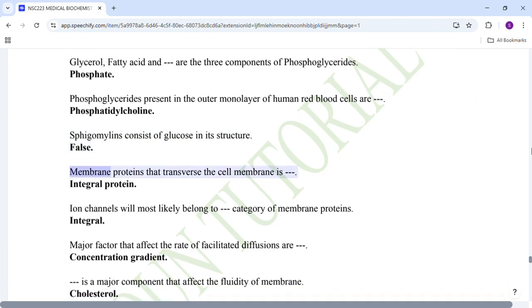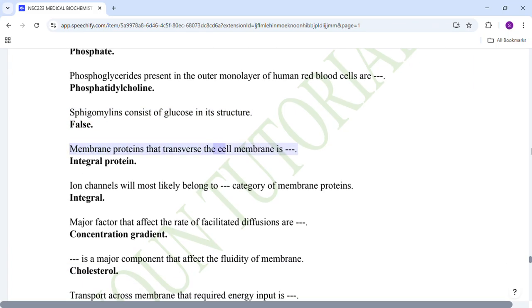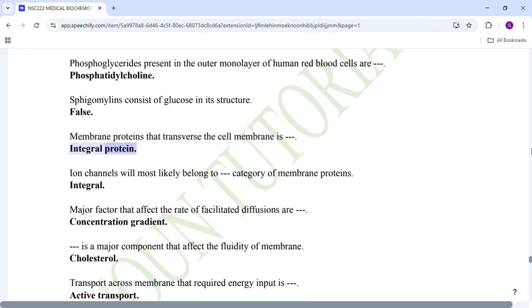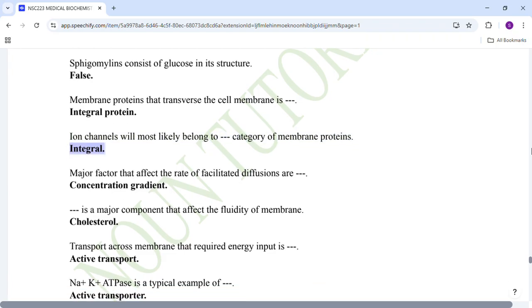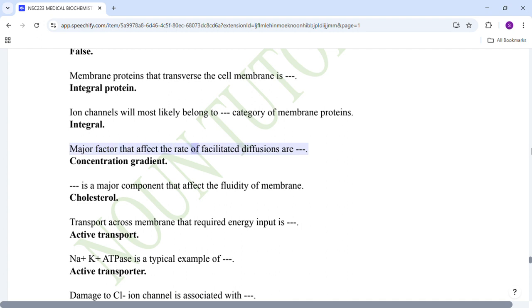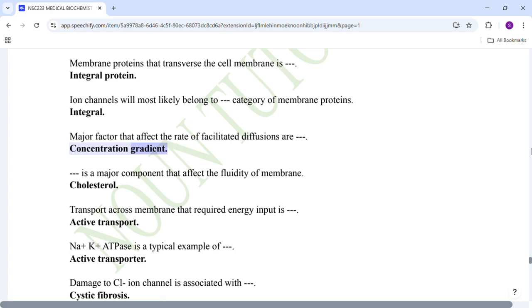False. Membrane proteins that traverse the cell membrane are integral proteins. Ion channels will most likely belong to the integral category of membrane proteins. The major factor that affects the rate of facilitated diffusion is the concentration gradient.